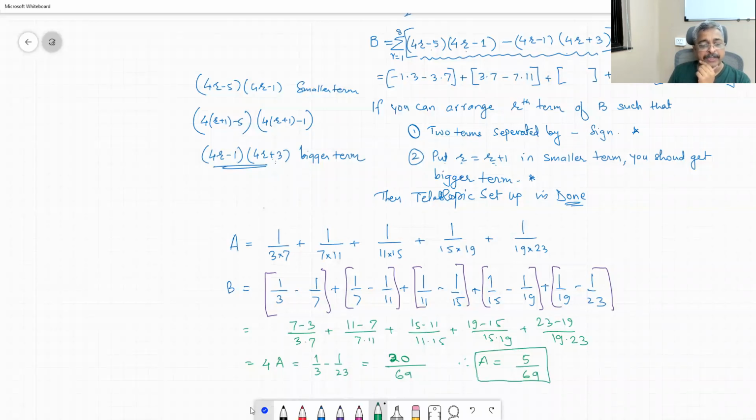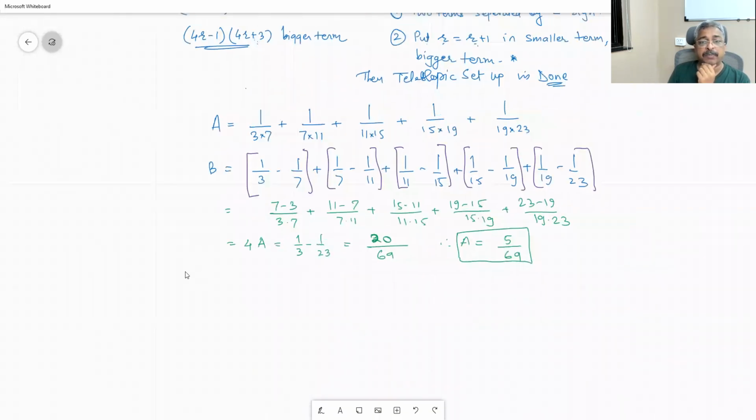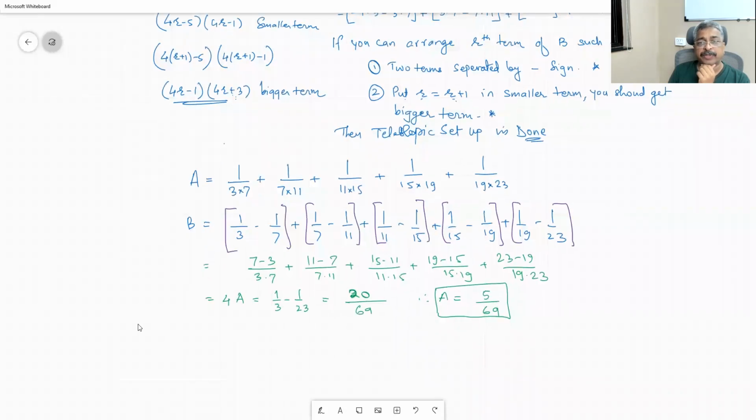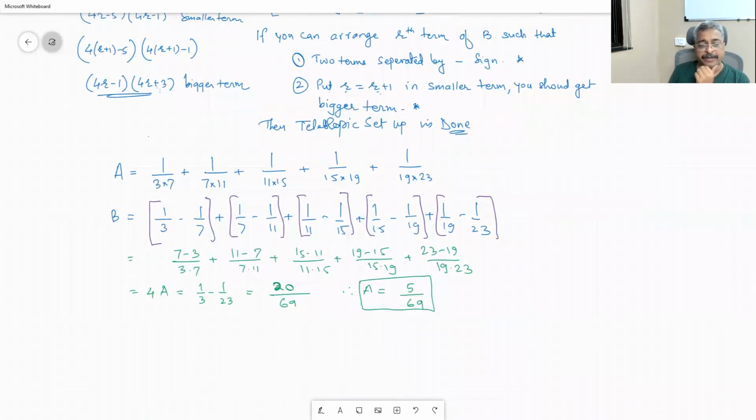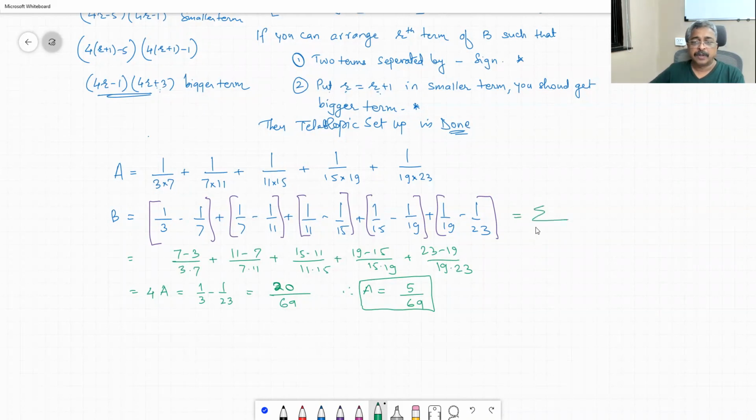Now let me write this in terms of general term and telescopic setup, and then we check the rules that we have decided. When do we say the telescopic setup is done? So B is equal to sigma R goes from 1 to 5 because there are 5 terms. We have been given this 1 upon, what is the first term?